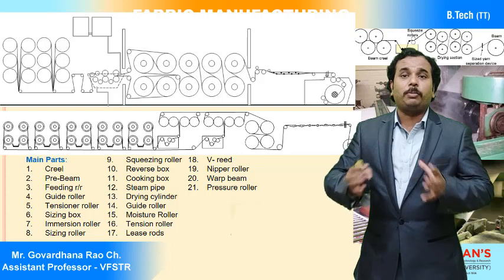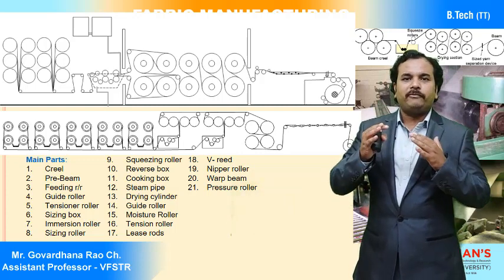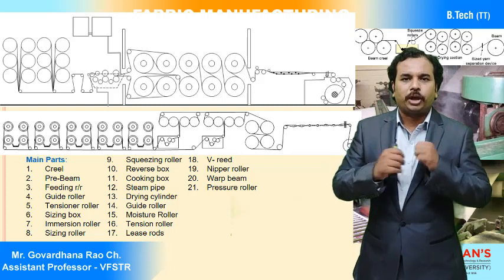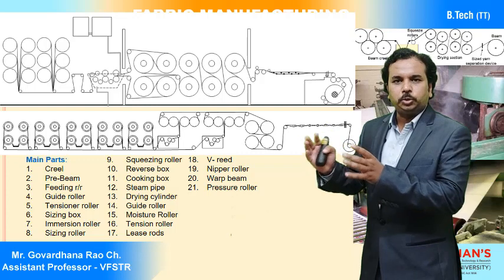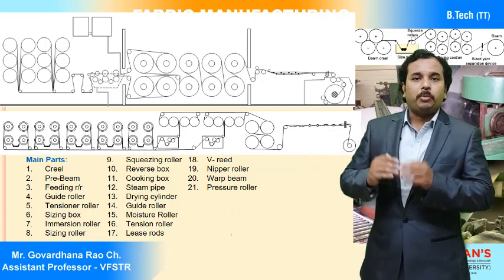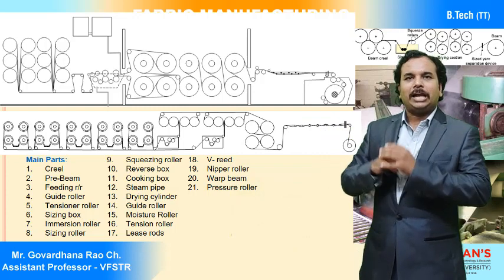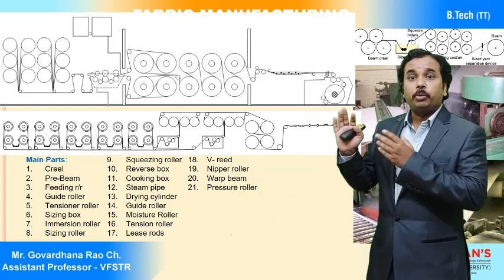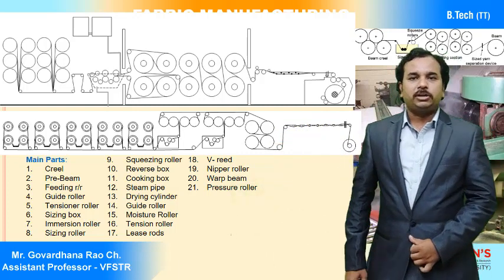Sometimes, as you can observe in the second image, there are two separate size boxes. Warp sheet 1 passes through size box 1, and warp sheet 2 passes through size box 2, and both are dried separately, and then combined together they are wound onto one weaver's beam.